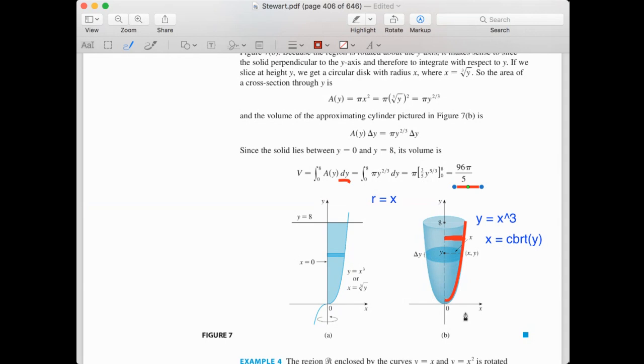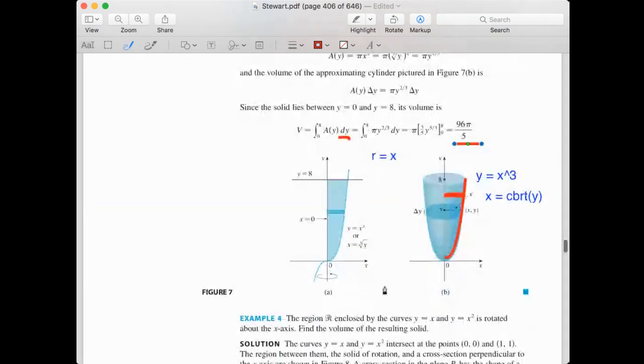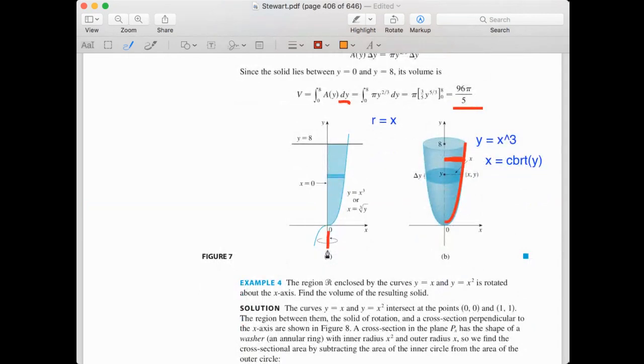At the same time, let's try to rotate this piece with the x-axis. So when we rotate with the x-axis, you get something like this.